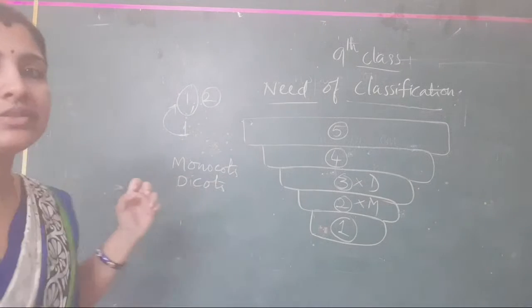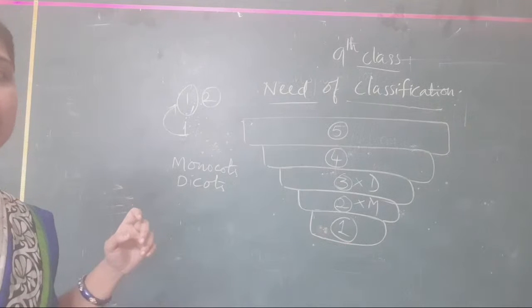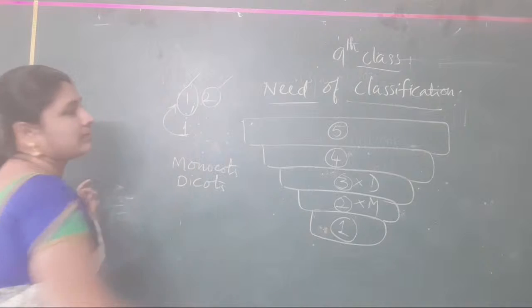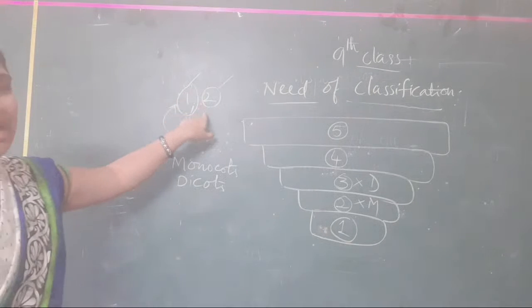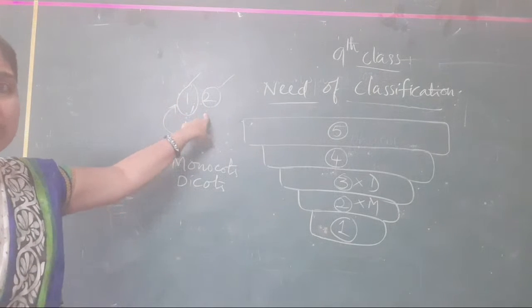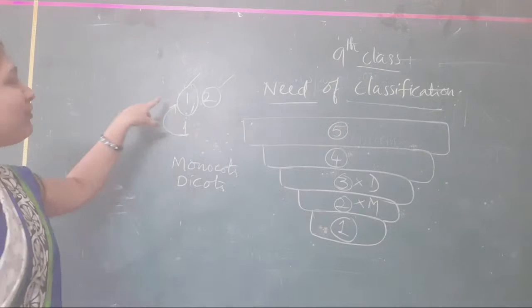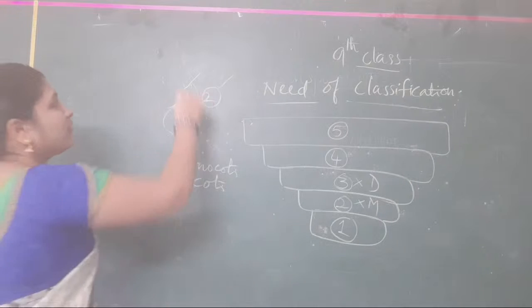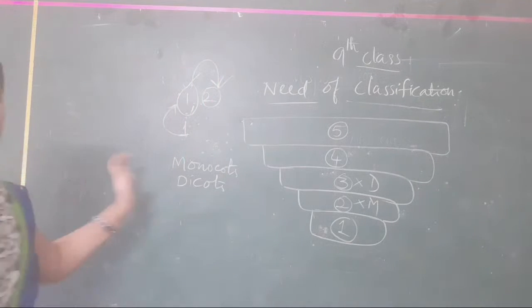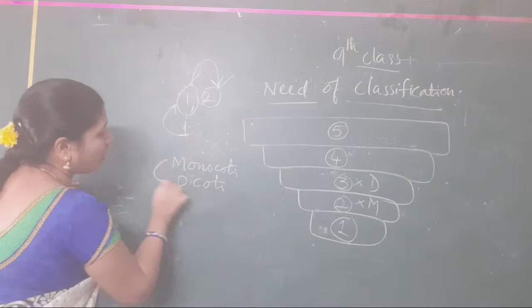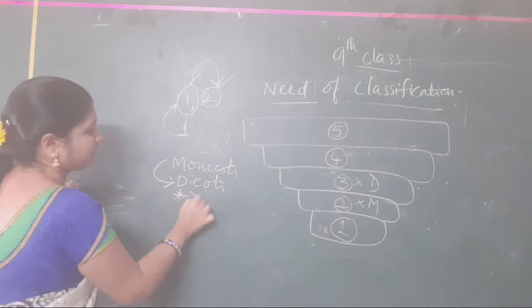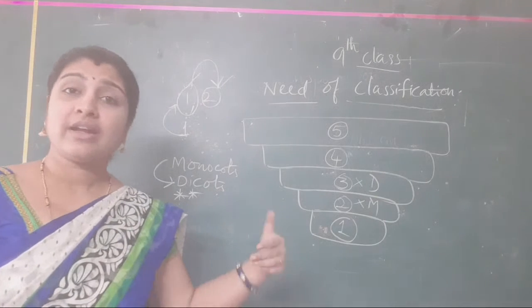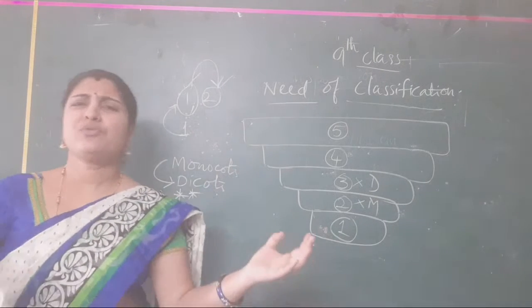Students, listen here. First one is there, then two is there. Where do we get two? From one only. By adding one to one, two has come. So we can say that from monocots only, dicots have evolved.